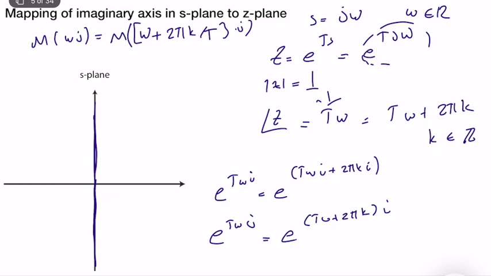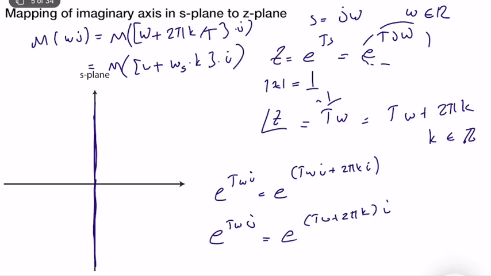Here, T is the sampling period, so 2 pi over T is the sampling frequency of the system, times k multiplied by j.